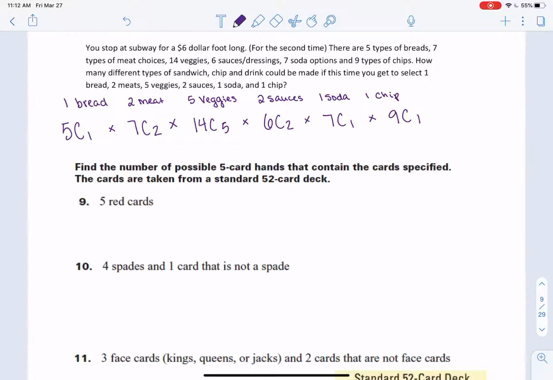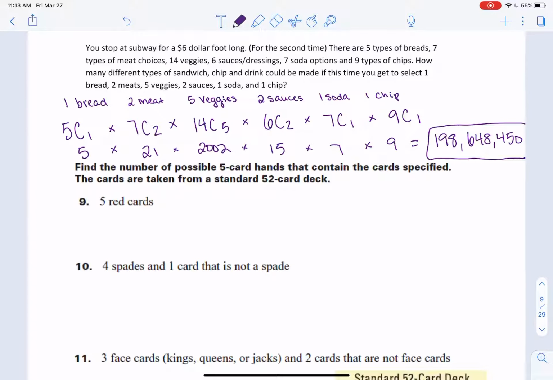So in your calculator, and I'm not going to take the time to do this, you would find that that is 5 times 21 times 2002 times 15 times 7 and times 9. So you'd have to figure out each of those individually, and that would give you 198,648,450 ways. And you can go ahead and stop the video and just try that out on your own just to make sure you'd be able to get it.